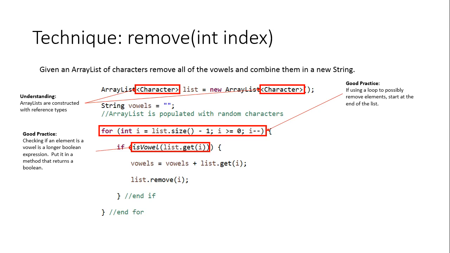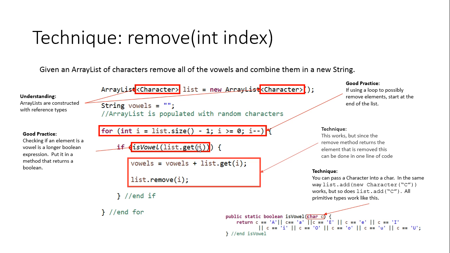So I could write a conditional statement here. You know, is it capital A or small a or capital E or small e? That's really long, so I just made a Boolean method called isVowel, which passes the object and then returns true or false. Boolean methods always start with is or has, and there's the code down there if you want to see it.